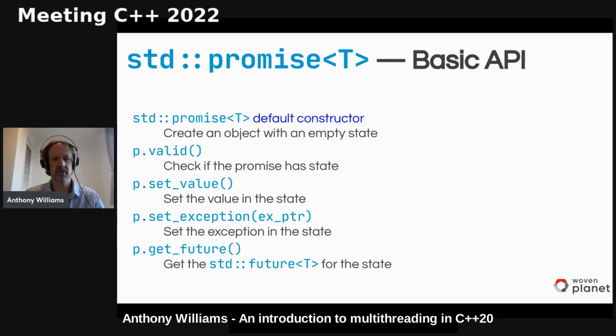And the exception is then stored in the future. And so if you call get on something that's got a stored exception, it will actually throw rather than just returning the value if there had been a value there. And then, of course, you can get the future, which you can then pass to wherever you're wanting to wait for the data to come on another thread.